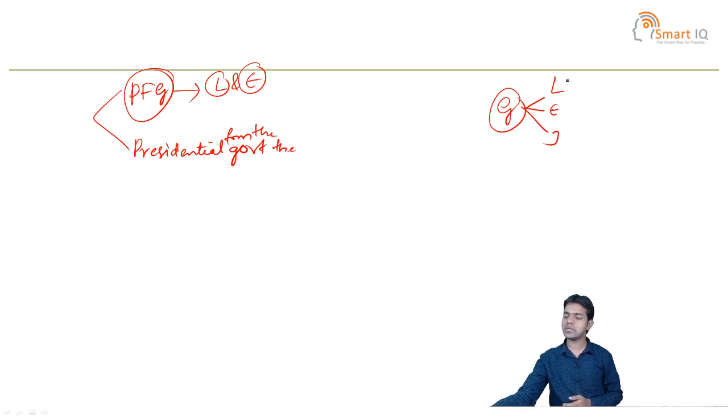The legislative's main function is making laws. The main function of the executive is to implement the laws. And the function of the judiciary is to check whether the laws made are constitutional or unconstitutional. These are the three important organs of the government.